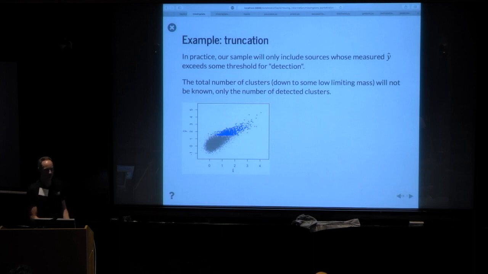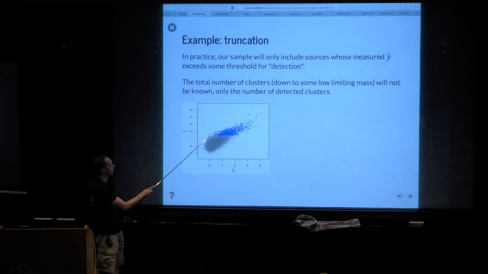So, in practice, although in the most cartoonish way possible, the sample that we would actually have from this experiment includes only sources whose measured values of their response y exceed some kind of detection threshold.